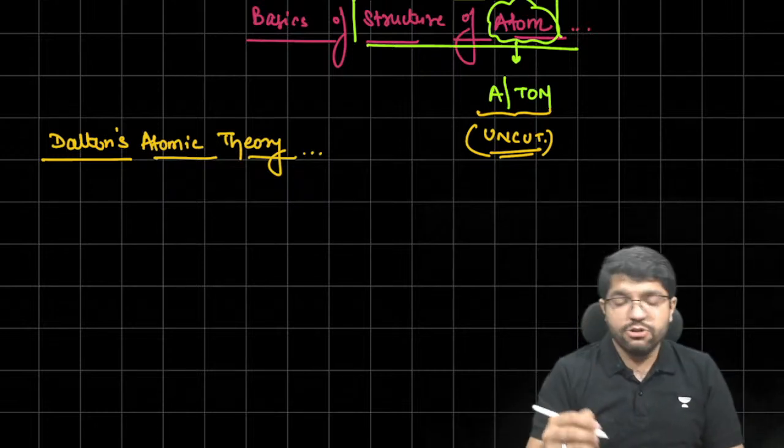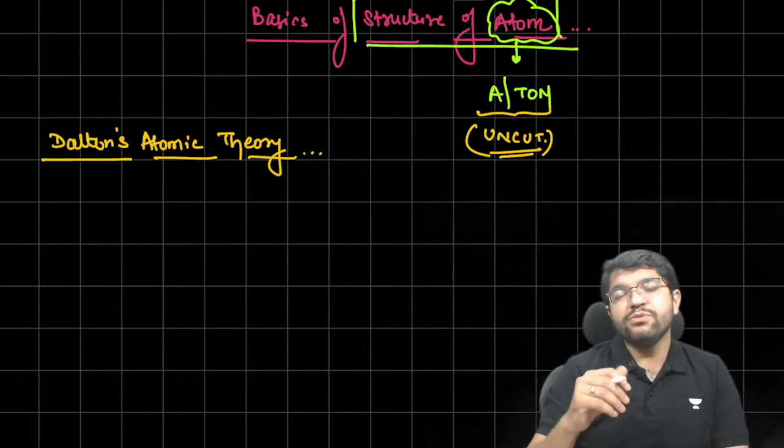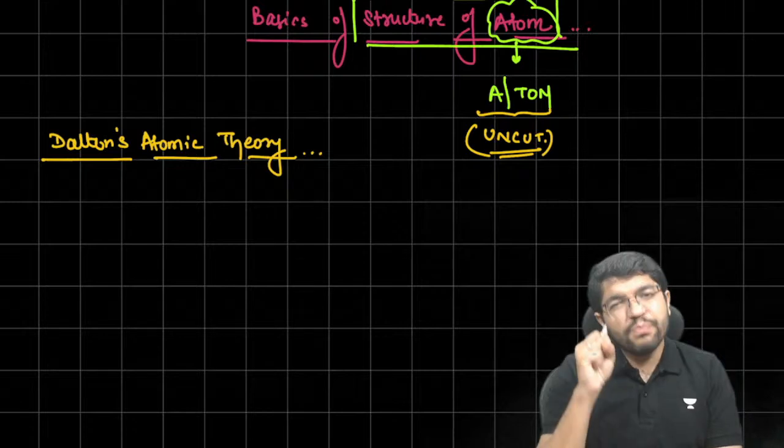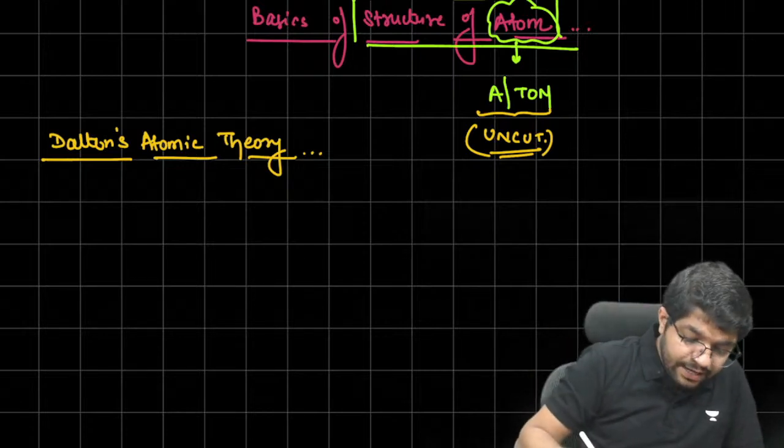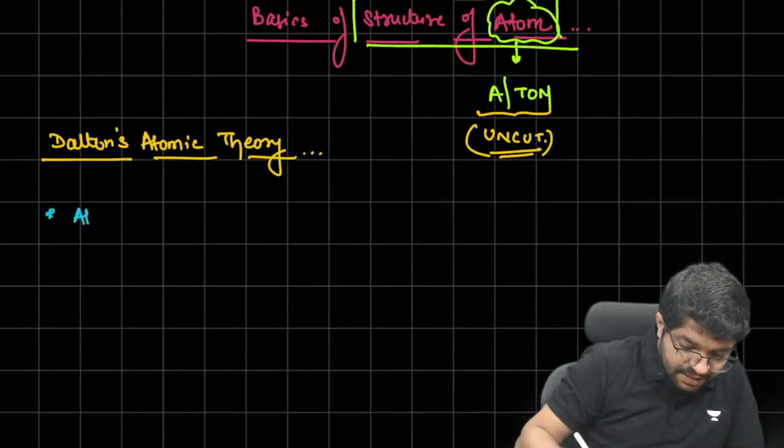When we say Dalton's atomic theory, we always mean to say that atom is the smallest known particle. That is, atom is indivisible.